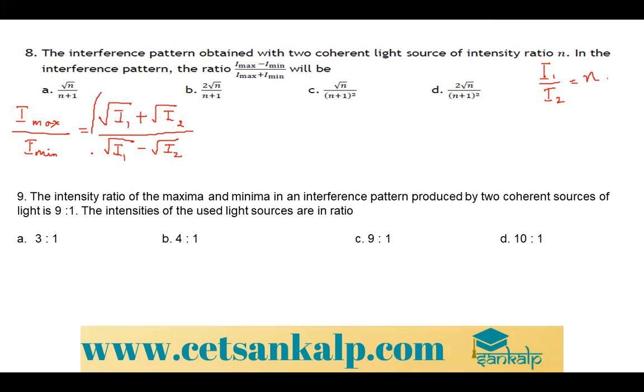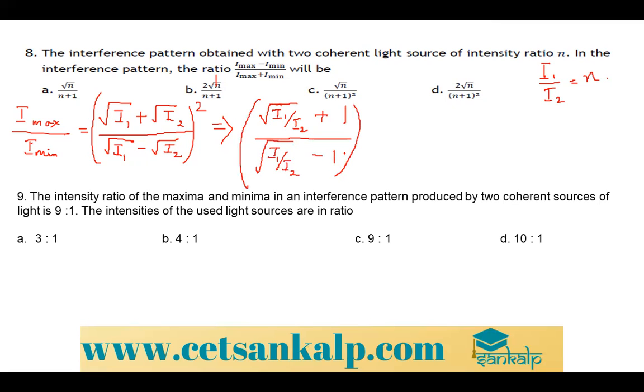So this becomes whole square. Whole square. This implies, I'm dividing by root I2. So root of I1 by I2 plus 1 divided by root of I1 by I2 minus 1, the whole square.